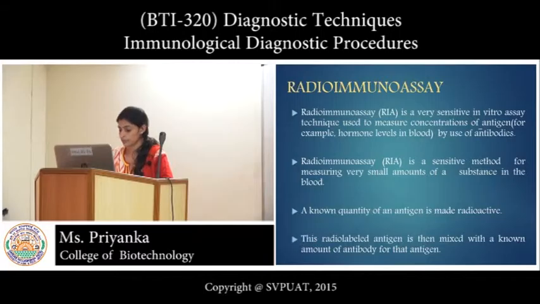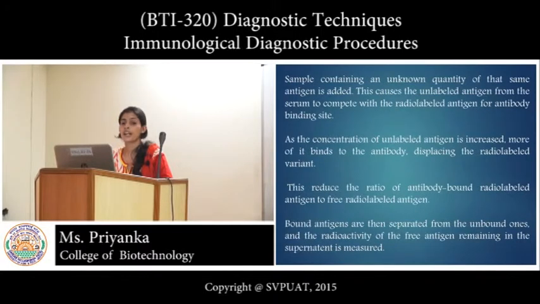For this, a known quantity of antigen is radio-labeled, then applied to antibody-coated wells. Then unlabeled antigens, meaning the sample containing the antigens to be determined, are applied to the wells. The unlabeled antigens then compete with the radio-labeled antigens.